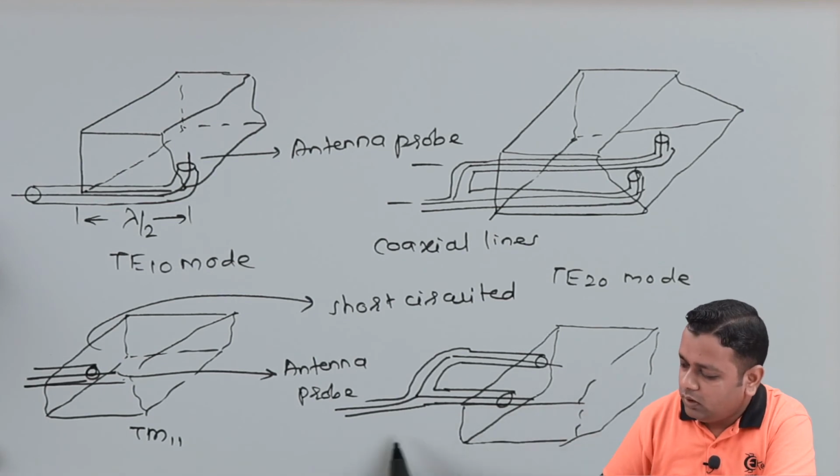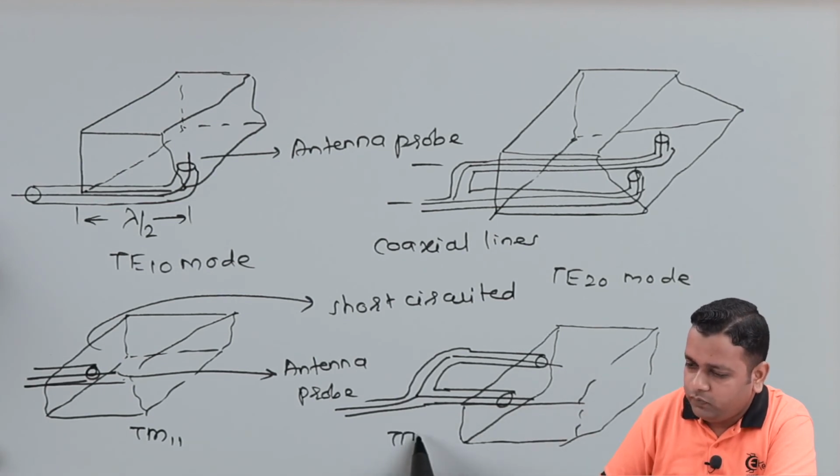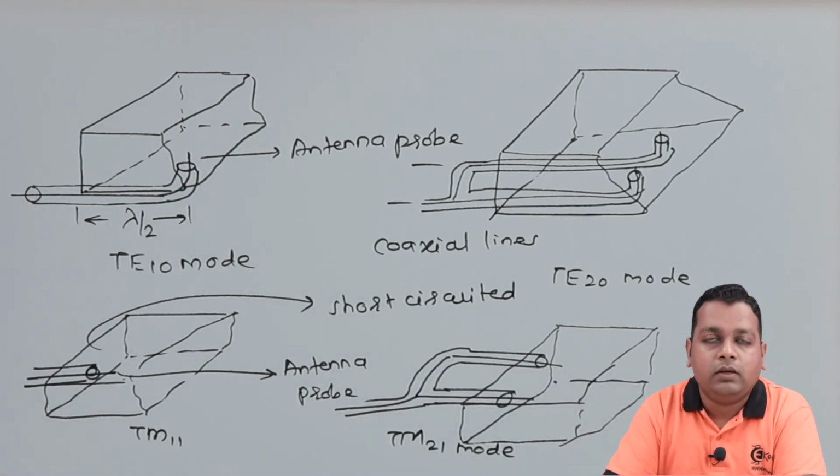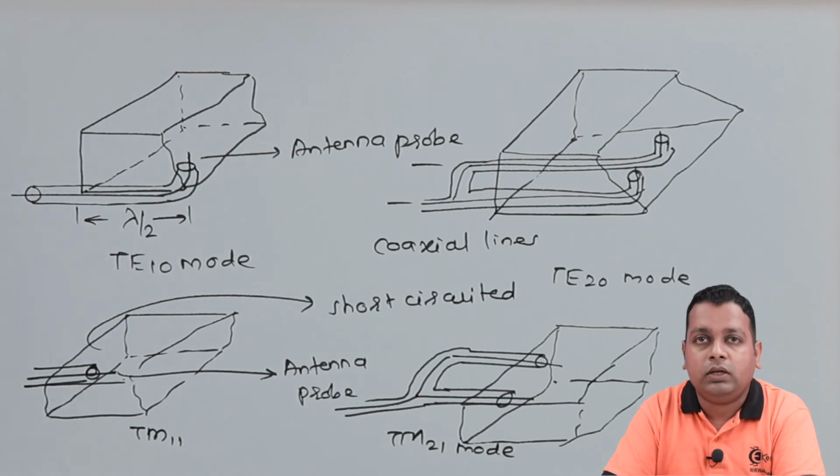So this is for the TM21 mode of microwave propagation excited in the rectangular cross section. This was all about the excitation of modes in the rectangular waveguide.